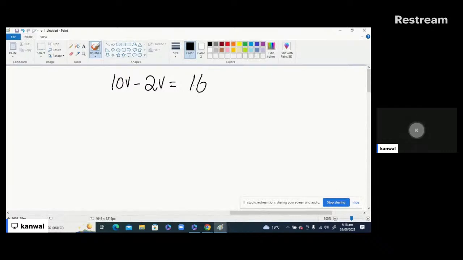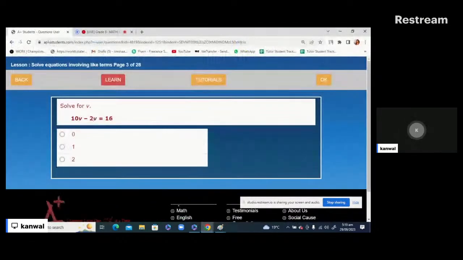It's just simply subtraction. The answer is 8v is equals to 16. What's the value of v here? Just divide on both sides with 8. Here is v is equals to 2. Let's check, is there any option for 2? Yes, it's here.